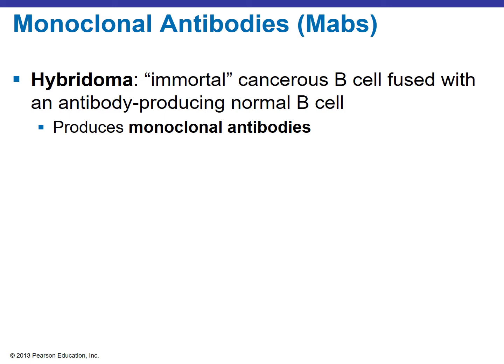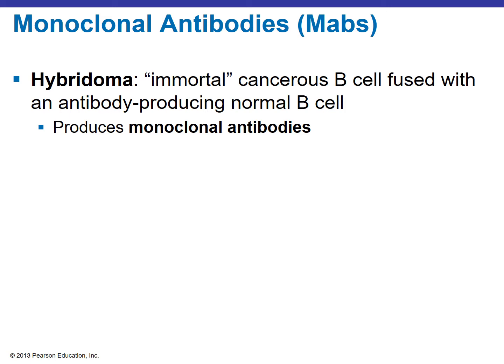And so those antibodies are secreted from the cell, and it's just one type of antibody, and they can bind to the antigen and neutralize it and initiate complement, et cetera. So we're talking about how you would produce a monoclonal antibody in vitro.